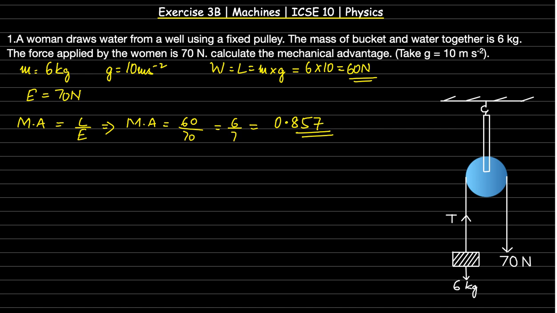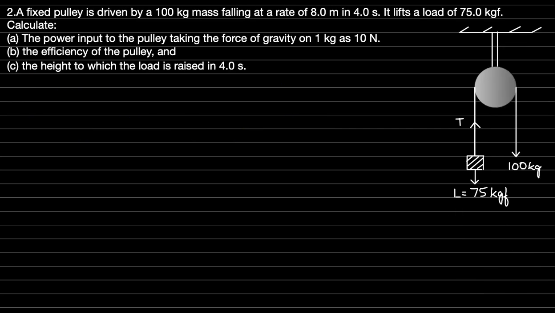So getting into the next question, a fixed pulley is driven by a 100 kg mass falling at the rate of 8 meter in 4 seconds. So the effort required here is 100 kg. Effort is given as 100 kg. It lifts a load of 75 kgf. So the load is straight away given as 75 kgf.